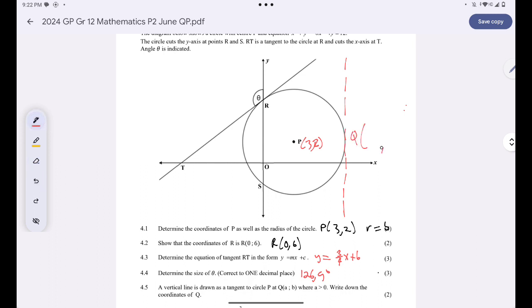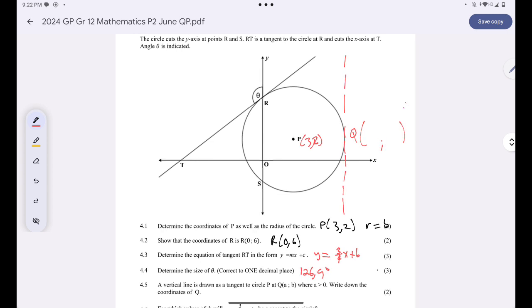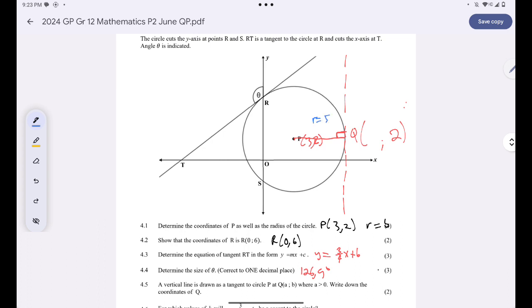Q will be there, right? Okay, and the y value of P and Q is the same. Why? Because P and Q are on the same horizontal line. The tangent and the radius are perpendicular, so the y value is the same, which is 2. Remember that the length of our radius is 5.